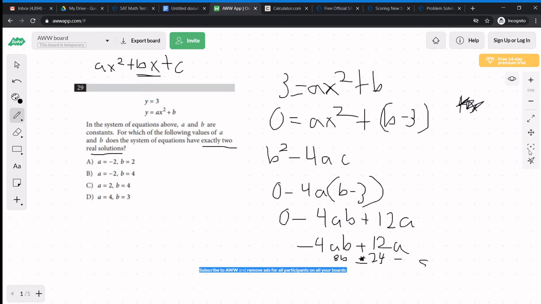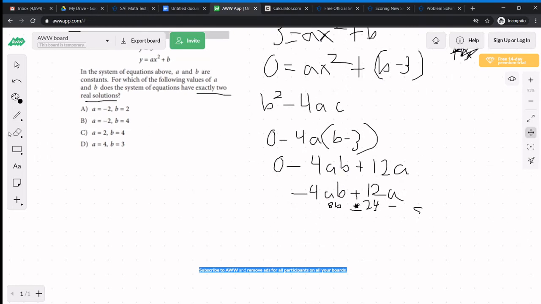For b, let's write this down. You get 16 minus 24, which equals negative 8. For b, again, you get 8b minus 24, which now the b is 4, so you get 32 minus 24 equals 8. Positive, that works.